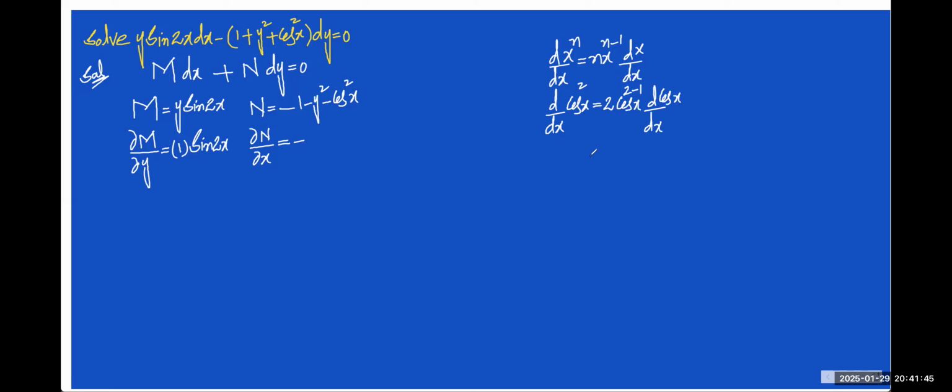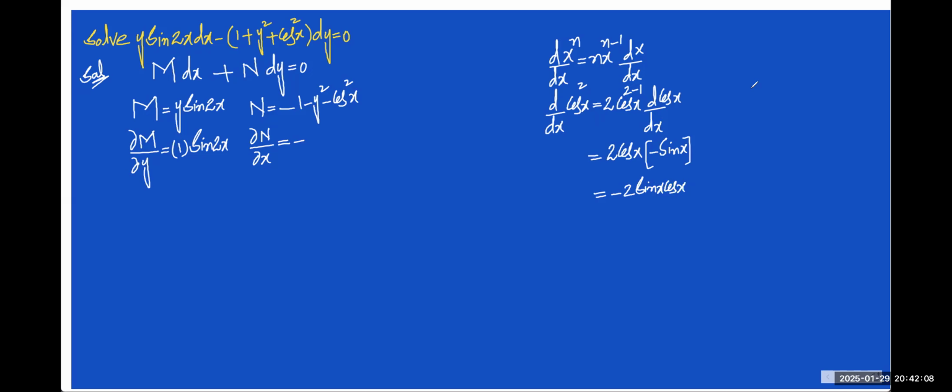What answer are we getting? 2 cos x to the power 2 minus 1, which is 1. And we know that the derivative of cos x is minus sin x. This is equal to minus 2 sin x into cos x.